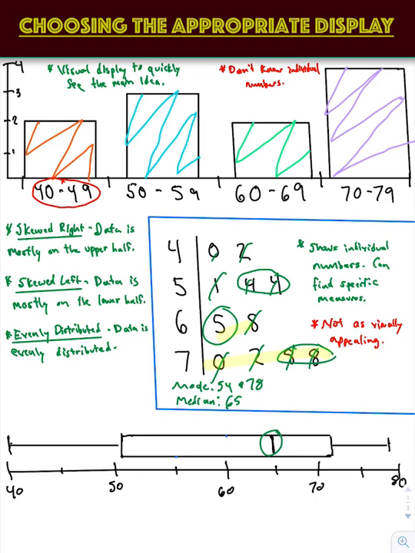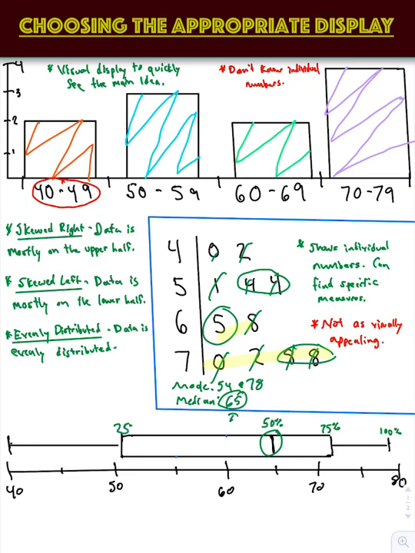The other really nice thing about a box and whisker plot is I know my percentiles real nice and easy. So this is my median, the 50th percentile, right around 65. Actually, we know from our stem and leaf plot that it is exactly 65. My 75th percentile, slightly above 70. This is my maximum, just short of 80.